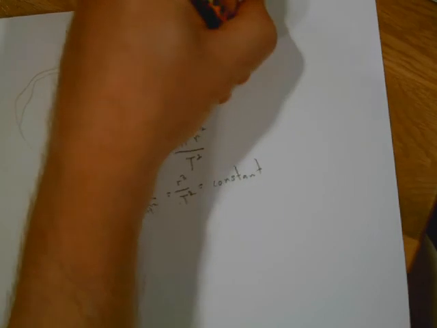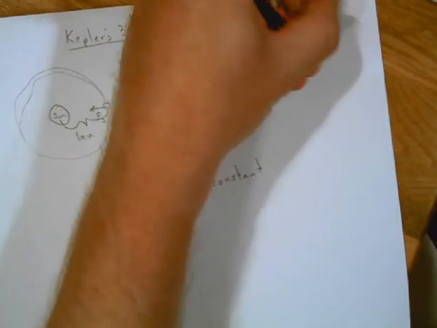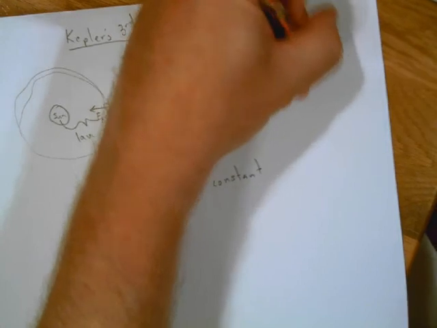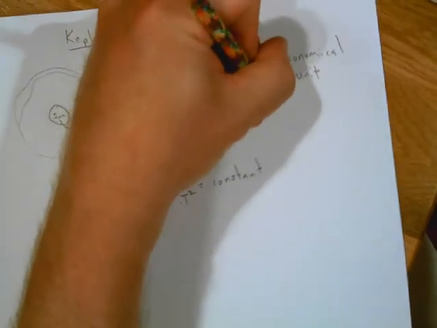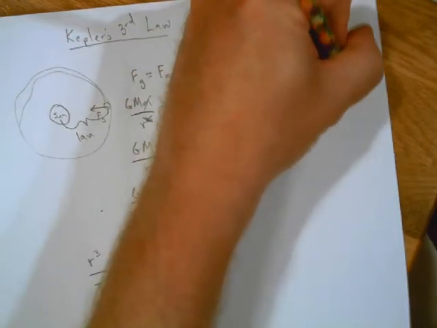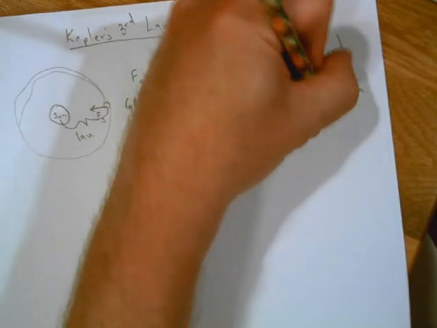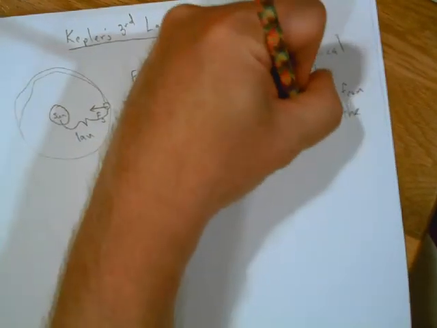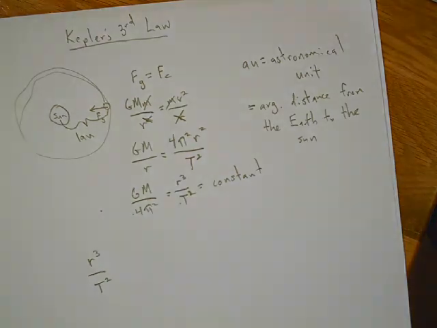AU stands for astronomical unit, which really is the average distance from the Earth to the Sun. If it was in miles, it would be 93 million miles. But that's not what they're doing. They're saying 1 AU.